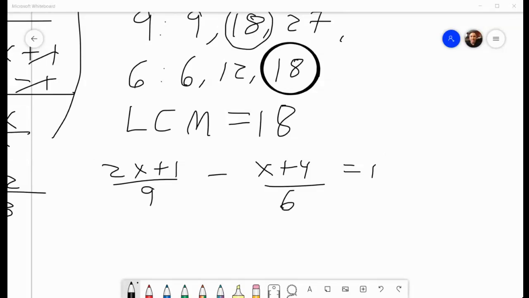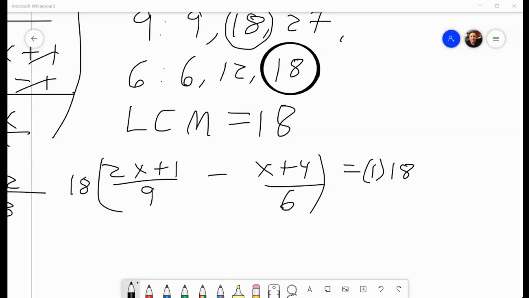So I'm going to multiply both sides by 18. So 18 here and 18 here. Now again, multiplication's commutative, so I can multiply in either order. Doesn't matter.